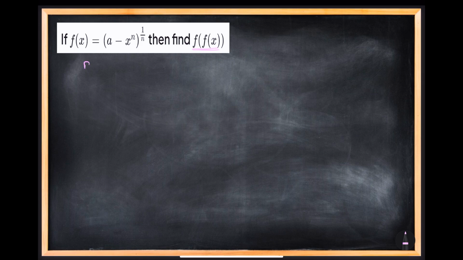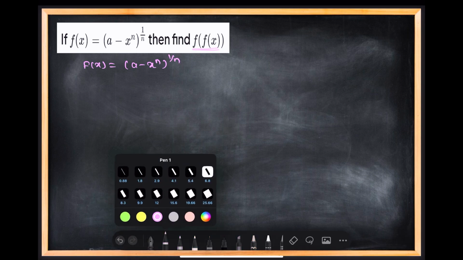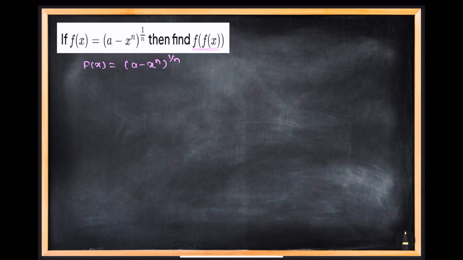But look at this. Suppose that we have f(x) as (a minus x to the power n) to the power 1 by n. Now we have to find f(f(x)), twice. So in place of x we have to replace f(x). So it is a minus f(x) to the power n, and then to the power 1 by n.